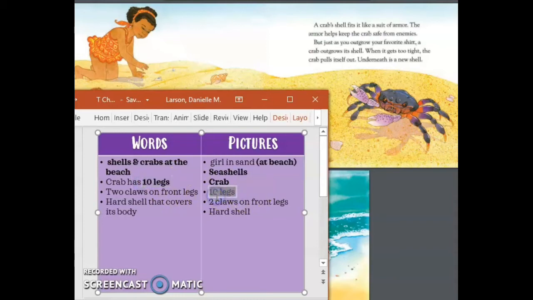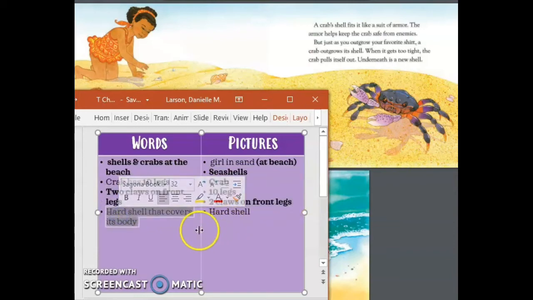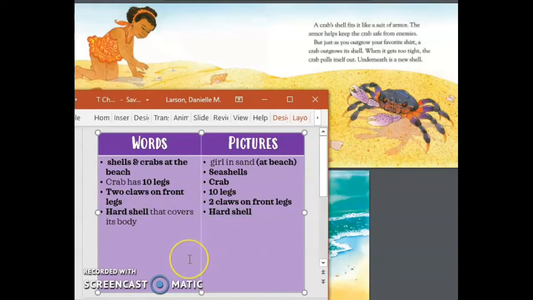That's also in the picture. There's 2 claws on the front legs. It was talking about that in the words, and it was also showing that in the picture. And then it has a hard shell that covers its body, and in the picture it has a hard shell. So in both the words and the pictures, there's shells and crabs at the beach. Crabs have 10 legs with 2 claws on the front legs, and they have a hard shell.